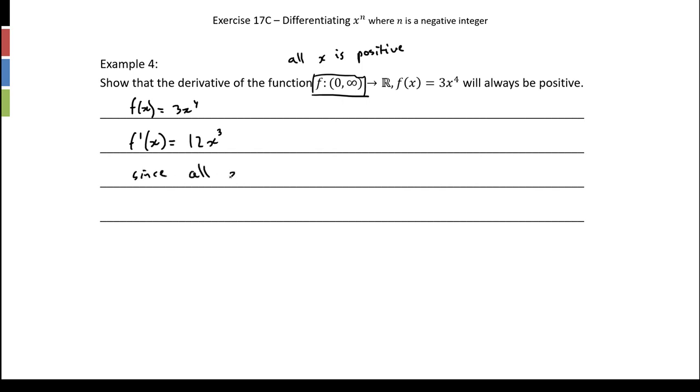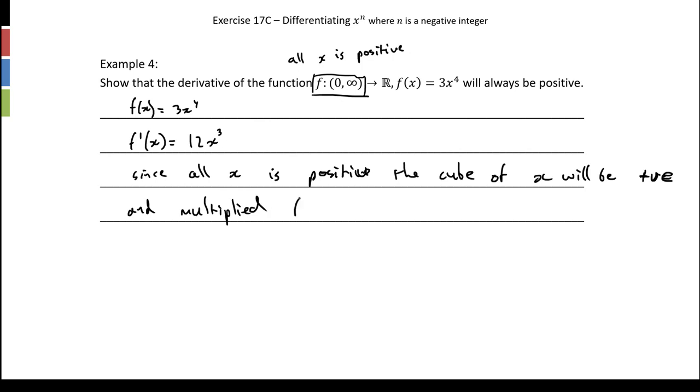Since all x is positive, the cube of x will be positive, and multiplied by 12 will remain positive.